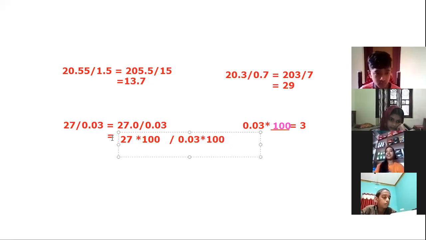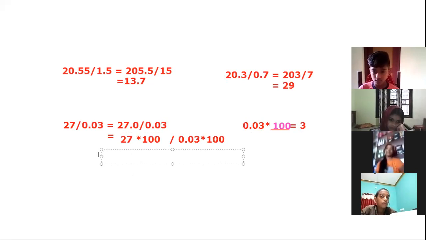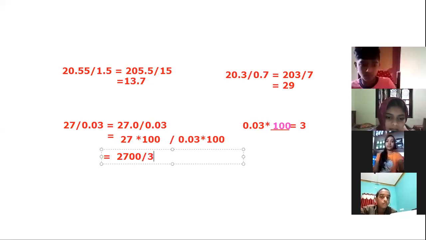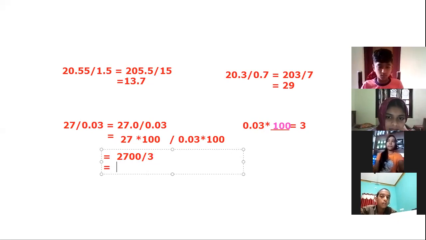Then what happens? 27 into 100, what is the value of 27 into 100? 2,700. Then what about our denominator? It is 3. Then what is the value of 2,700 divided by 3? It should be 900.